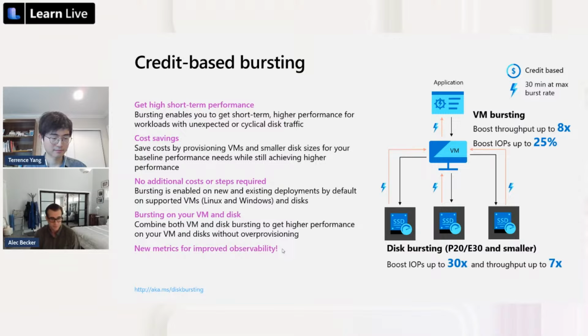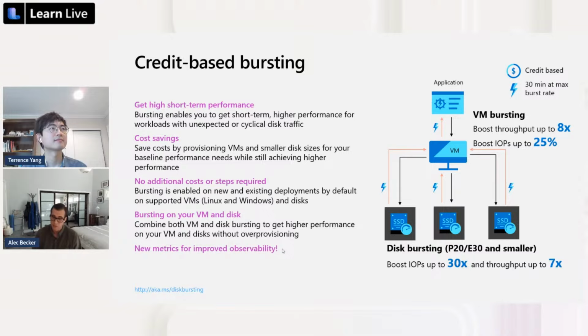And we put this feature both on our VM and our disk to work in conjunction with one another. So you want to have your baseline IOPS and throughput set the same for your VM and your disks. And you want to have your burst performance roughly the same for your disks and VMs.